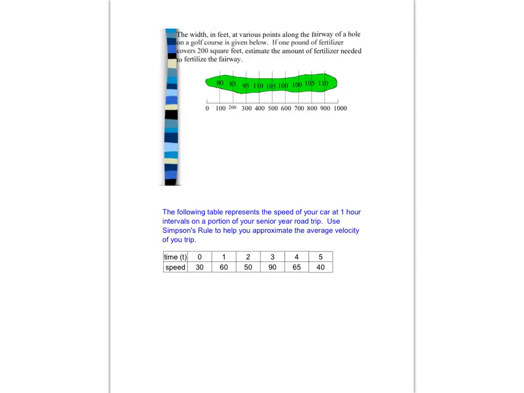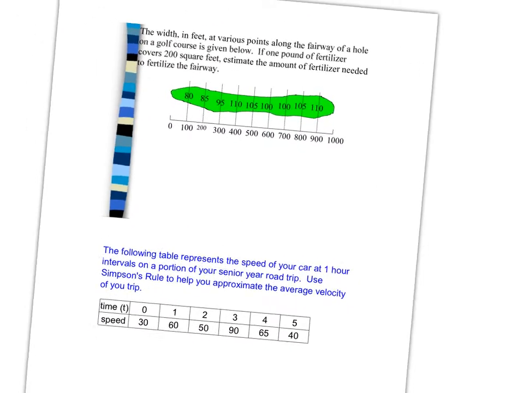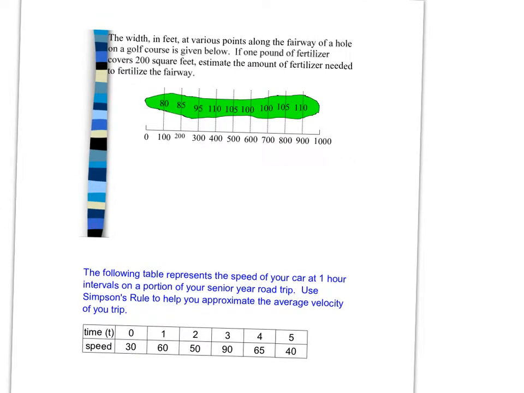Alright, last two. So again, I'm going to have you try the next question. If you would like to try the bottom one, great. It's not going to be something I check for you, but it's basically the same thing you've been doing, but it's in table format instead.